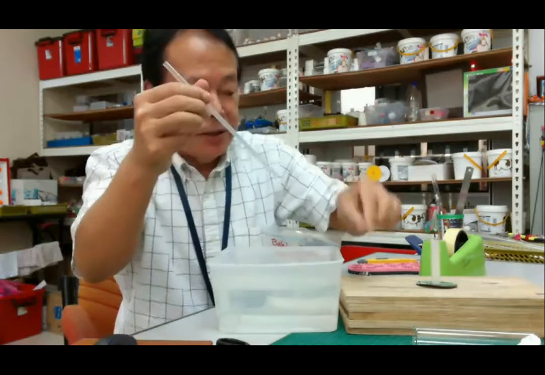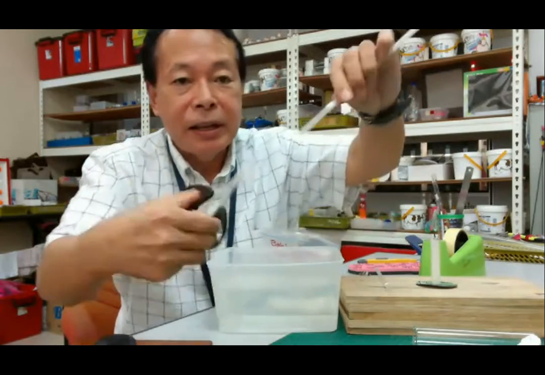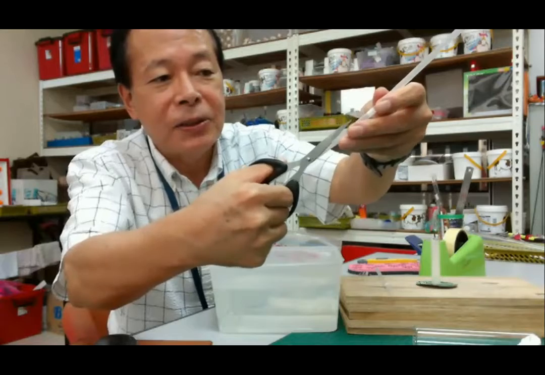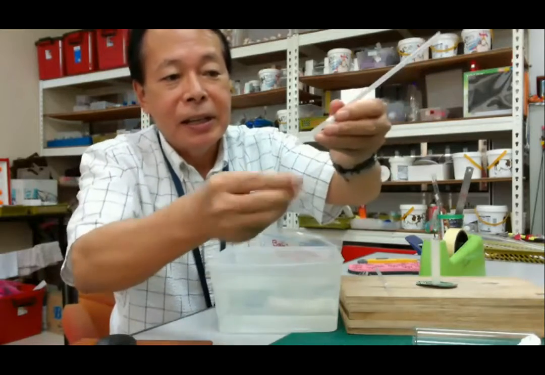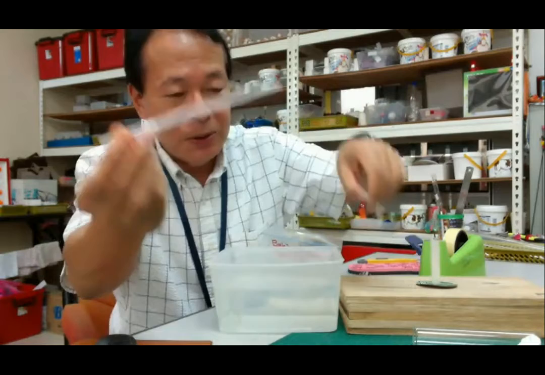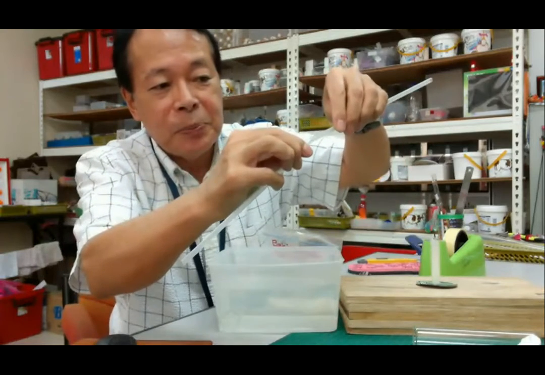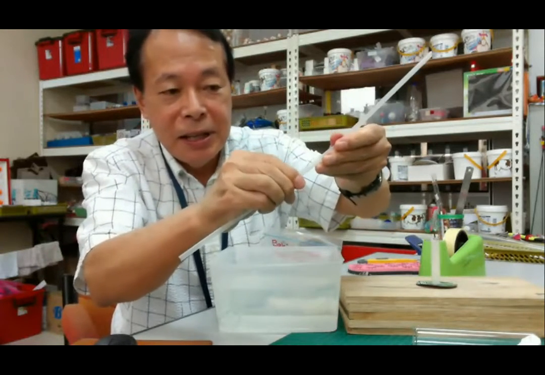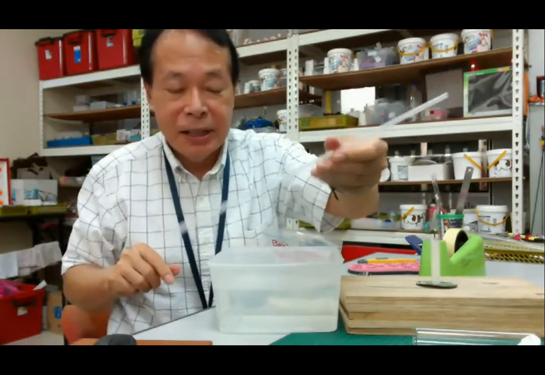Then please take one straw. Then cut along the straw a little. Okay. Then push it to make it small. Then push this straw into the other straw, like this. Then join like this.